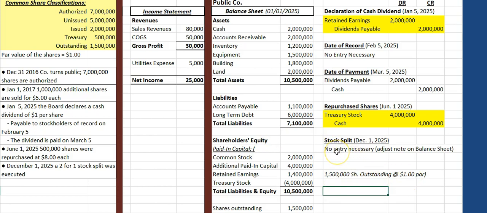So once a stock split is done, none of these values are going to change at all. Instead of having 1.5 million shares outstanding, you're going to have 3 million shares outstanding, right? Because you did a 2-for-1 split. And the par is going to be 50 cents, okay?